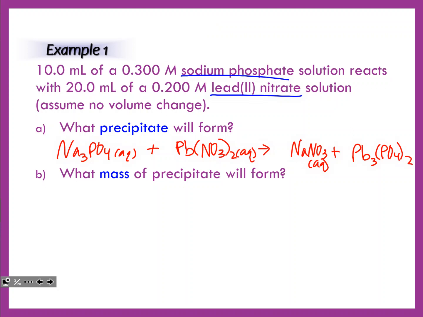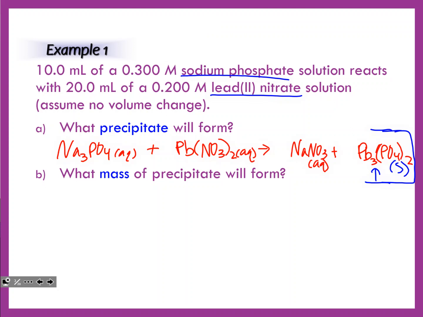It's not sodium, potassium, ammonium, or nitrate in the SNAP category. So this one we would label with the S. So this is the precipitate that will form. Okay? Wish I hadn't drawn that, but okay. I'll fix it. Pb3(PO4)2. All right, so this is our precipitate that's forming.